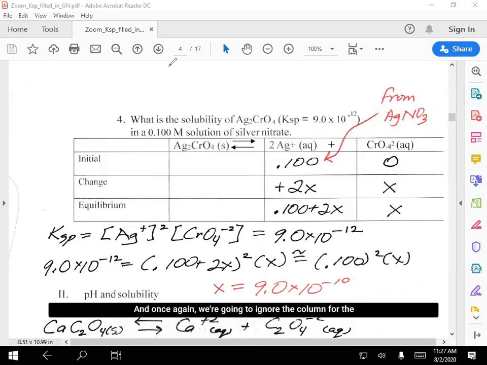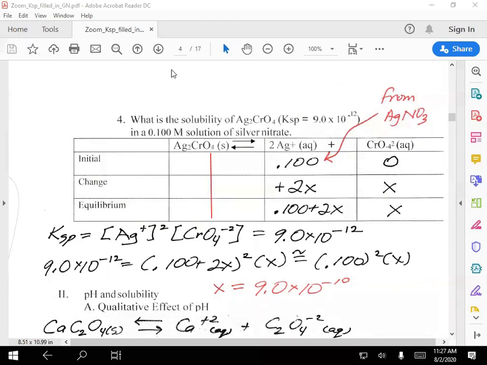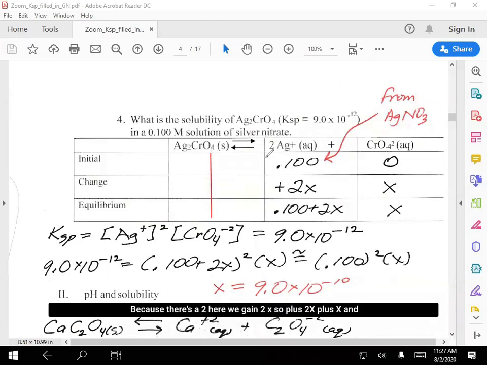And once again, we're going to ignore the column for the silver chromate. Because there's a 2 here, we gain 2x, so plus 2x, plus x. And then we just have to follow down from our initial and our change to determine the equilibrium.